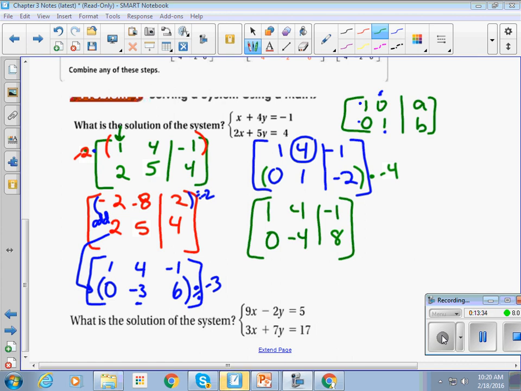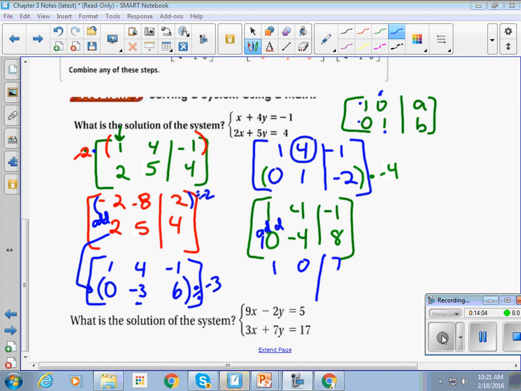So now I'm going to add these two together and replace the top. 0 plus 1 is 1. 4 plus -4 is 0. And -1 plus 8 is 7.